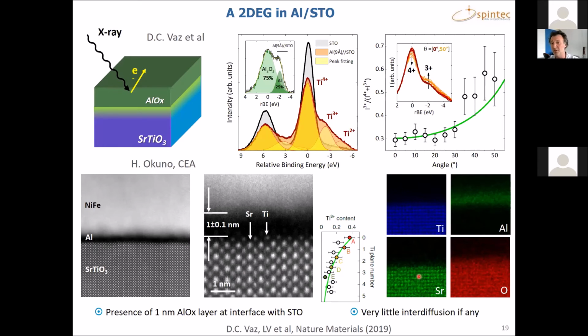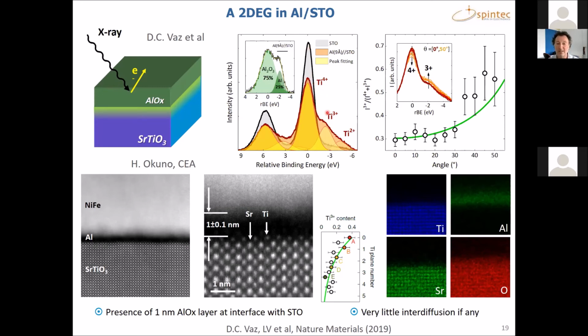First observation is that indeed, when aluminium is deposited, some oxygen goes into the aluminium, and in parallel to that, the titanium 4+ of the bare STO sample is decreasing, while the number of titanium 3+ or 2+ is increasing.